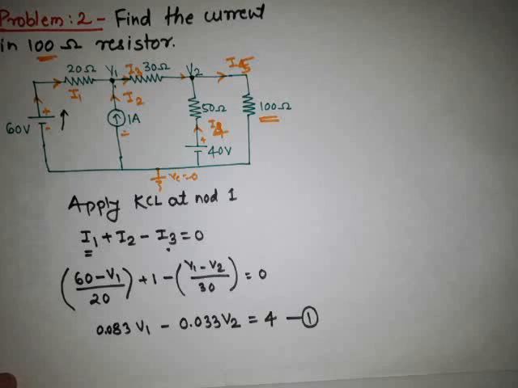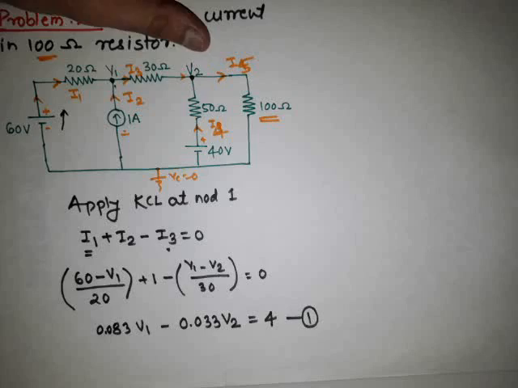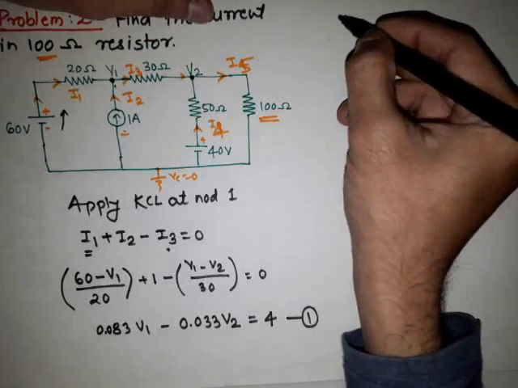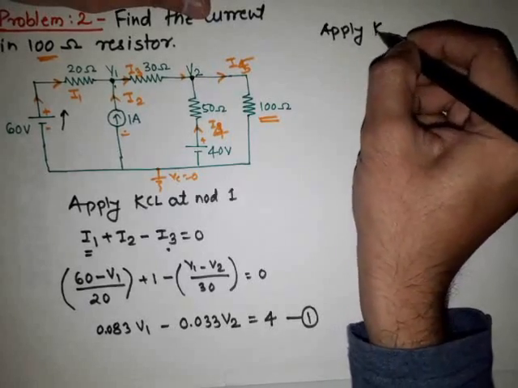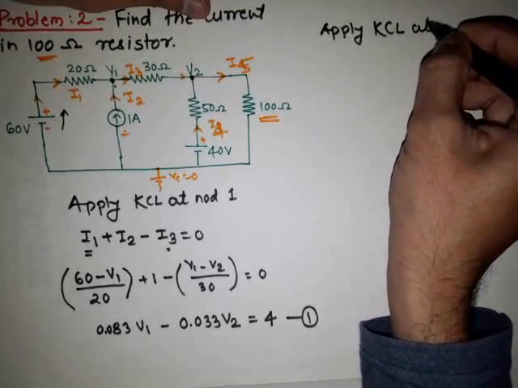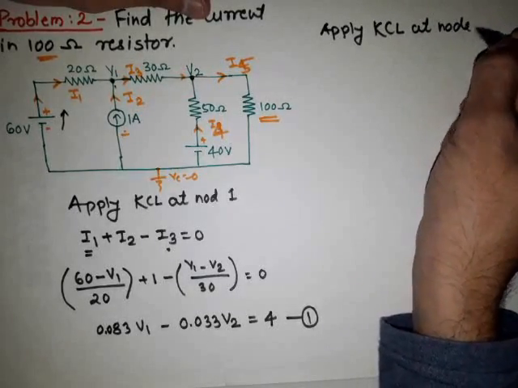Then the next step is to apply KCL at node 2.